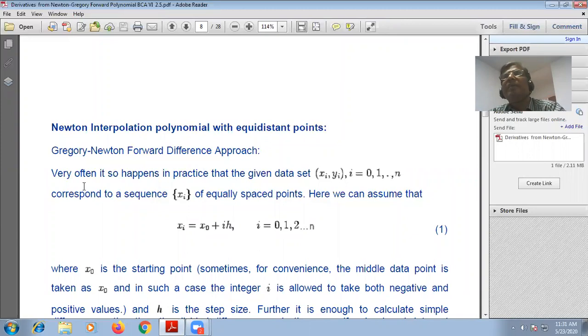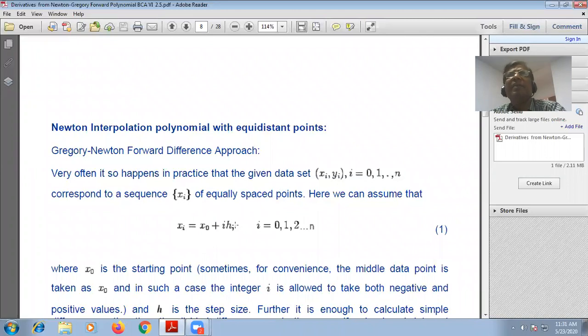Very often in practice, the given data set xi, yi, where i is a whole number 0, 1, 2, 3 up to n, corresponds to a sequence xi of equally spaced points. We can assume that xi is x naught plus ih.